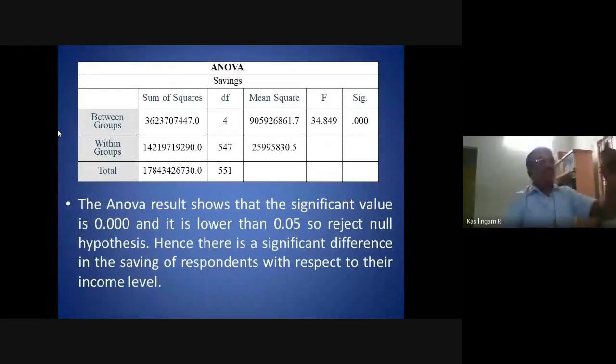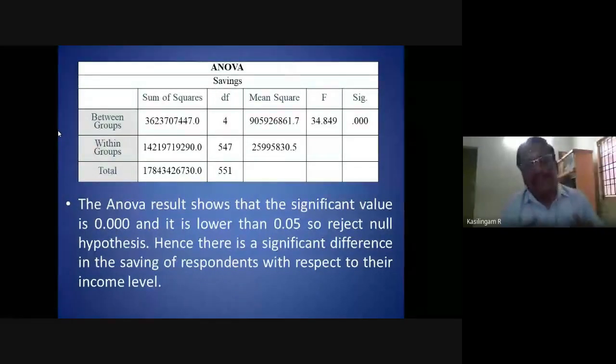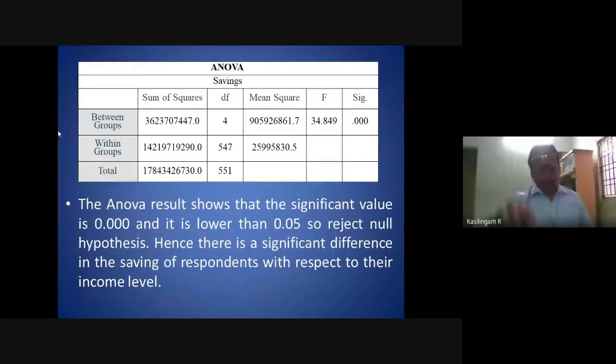Till the last one we can put any value, but the last one we cannot put. So here our sample size is 552. For total degrees of freedom, I am talking about the third column, the total degrees of freedom is 552 minus 1, so 551.